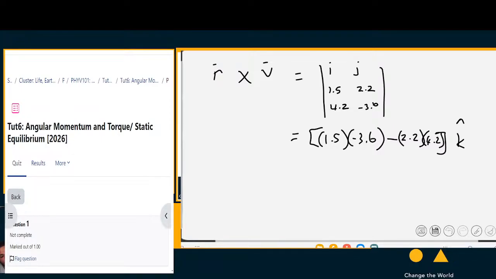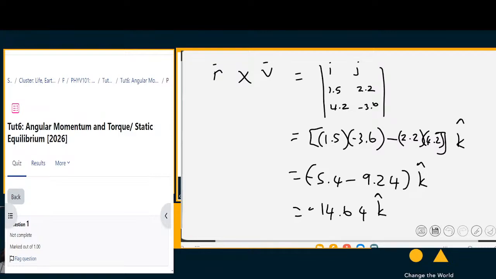This is just simply determining the determinant. That gives us negative 5.4 minus 9.24 in the k-hat direction, which gives us negative 14.64 in the k-hat direction. That is the vector product of the position vector and the velocity.